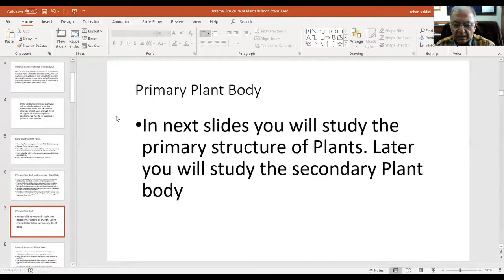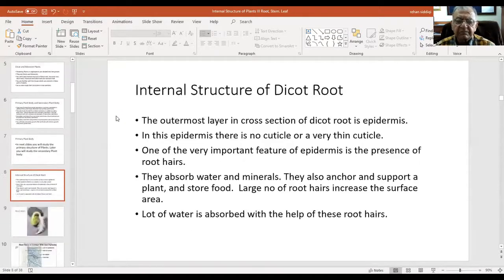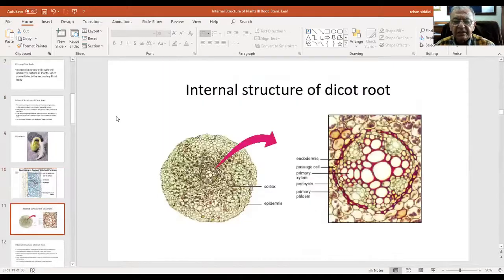Okay, so let us start with the internal structure of dicot root, and I will explain it with the help of this diagram of the internal structure of dicot root. The outside layer of the dicot root is epidermis, and the epidermis of root has a large number of root hairs, and one of these slides shows these root hairs.